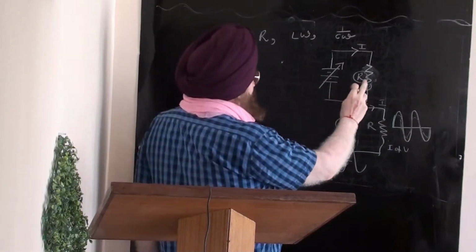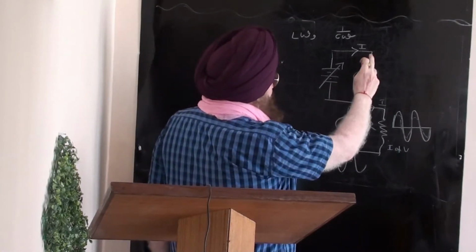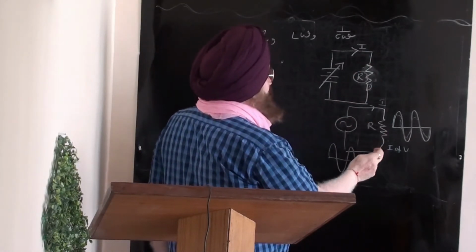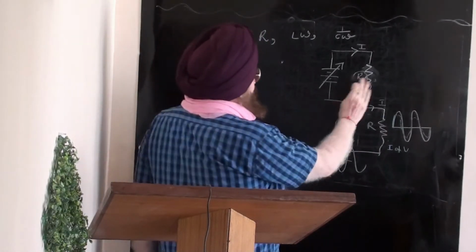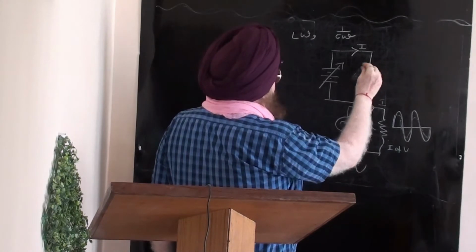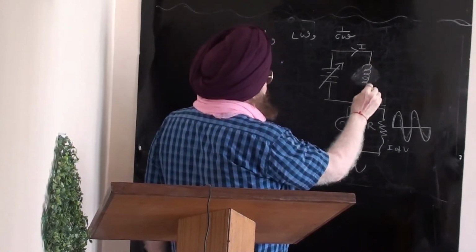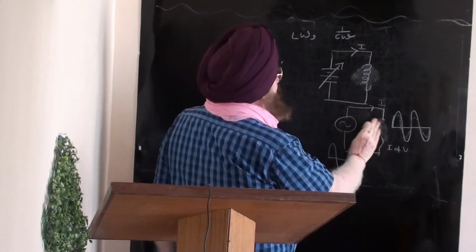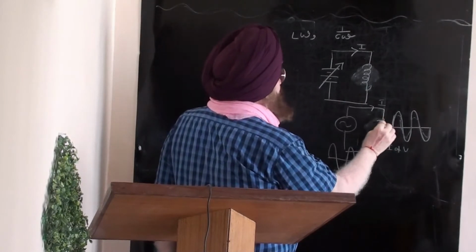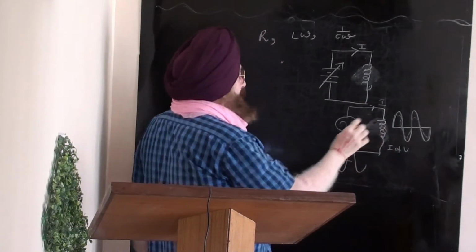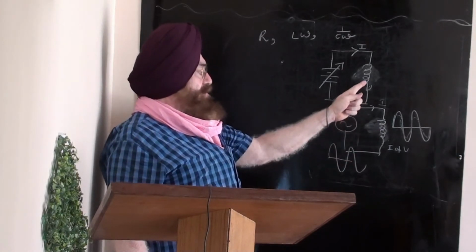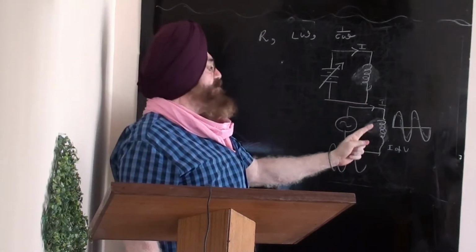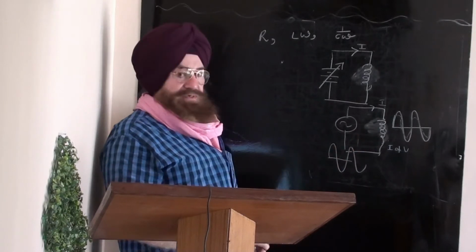Either you put R across the DC source or across the AC source, that's no problem. But if we are connecting a coil across DC or across AC, then the coil opposition will be different for the DC source and different for the AC source.